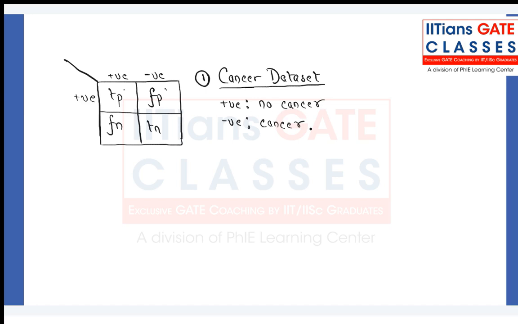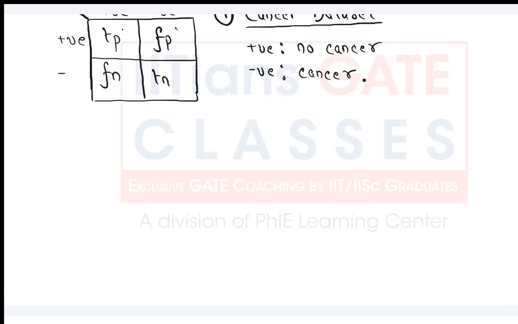True negative means your data says that the person has cancer, and sadly your model is also saying that you have cancer. And so false positive would mean that actually you have cancer, but your model is saying you don't have cancer.